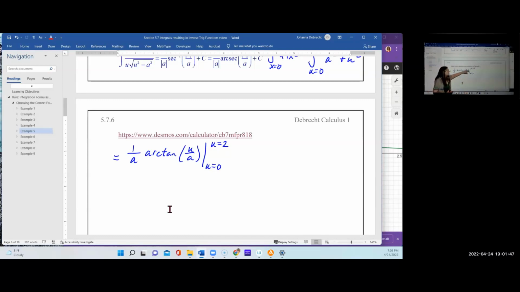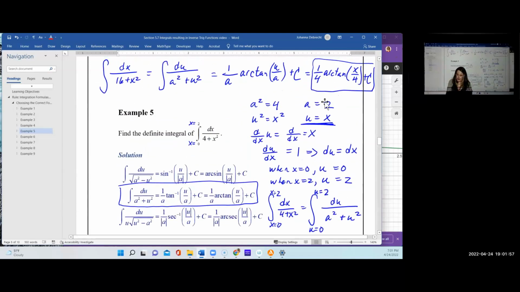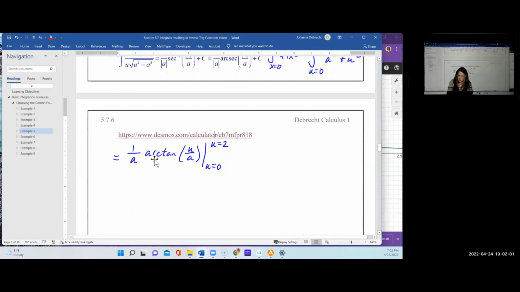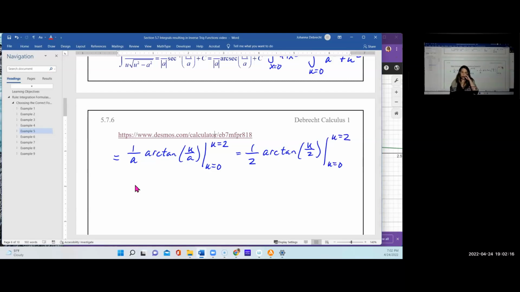That means that we want to stay with u, since our limits of integration are u values, but we can substitute what a is. If we scroll back up, we find that a in this problem was 2. Substituting this into our expression, we then have 1 over 2, the arctangent of u over 2, evaluated between u equals 0 and u equals 2.